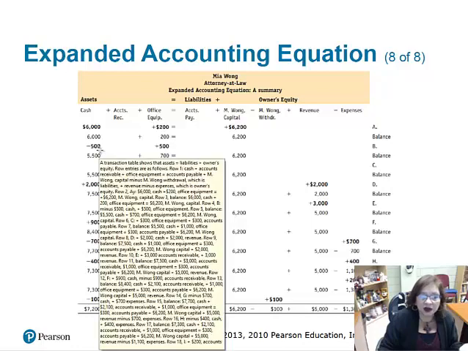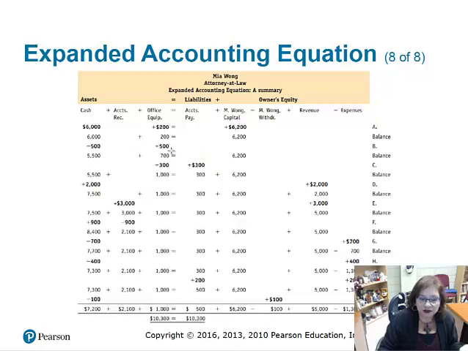Then she took $500 out of cash and purchased the office equipment, giving her the $5,500. So all the transactions that we've done at the beginning, notice when we went through this, notice how we have your total here of $7,200, your amount of $2,100, your office equipment still of $1,000. And notice how you're bringing down the balance for each month.